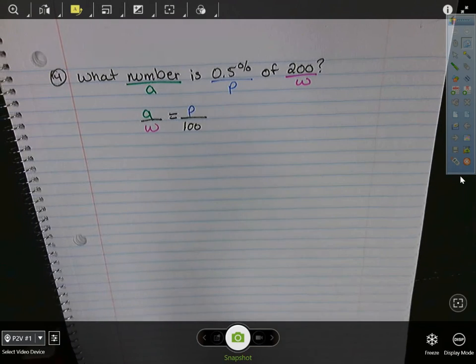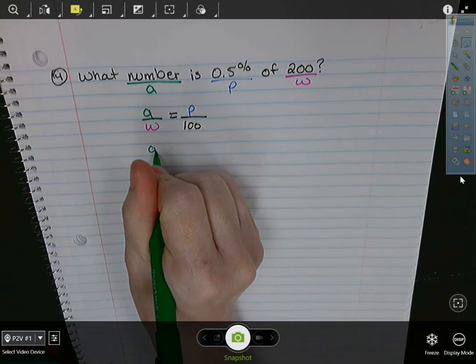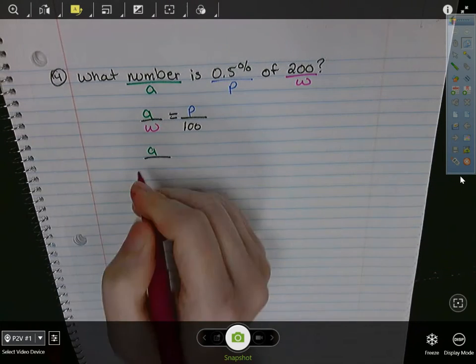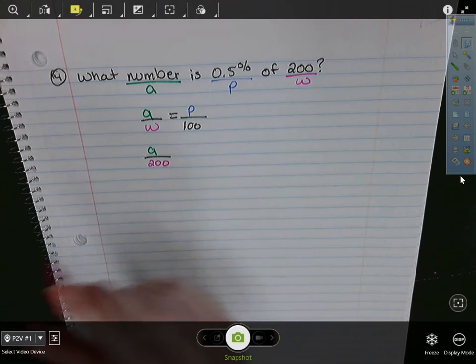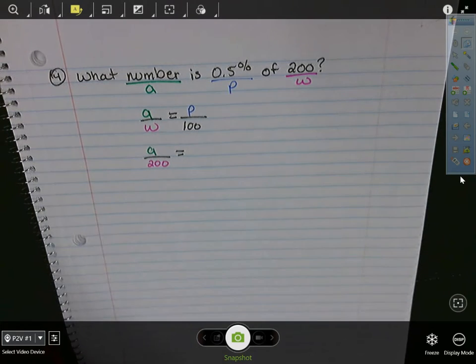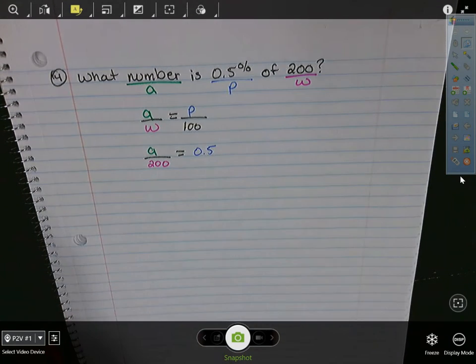Okay, and now I plug in. I don't know what A is, so I leave it A. W is 200 equals, my percent is 0.5, and then that's over 100.